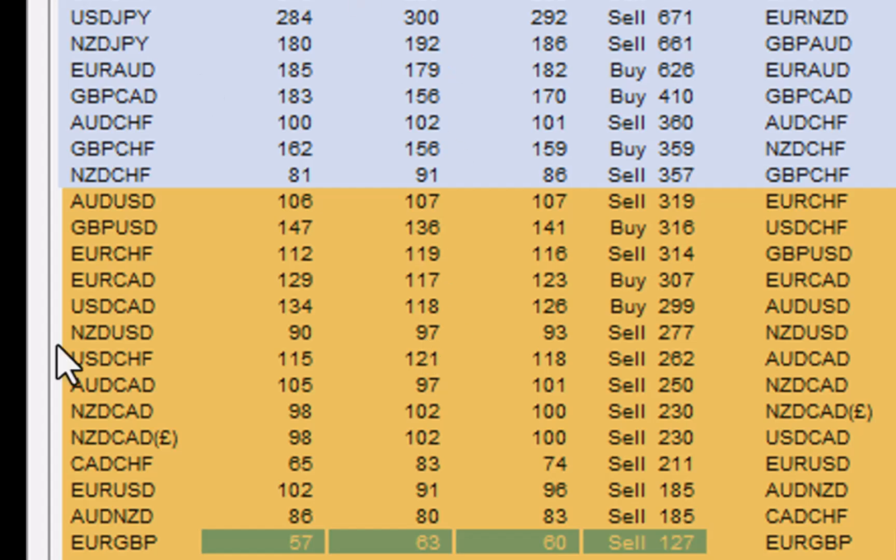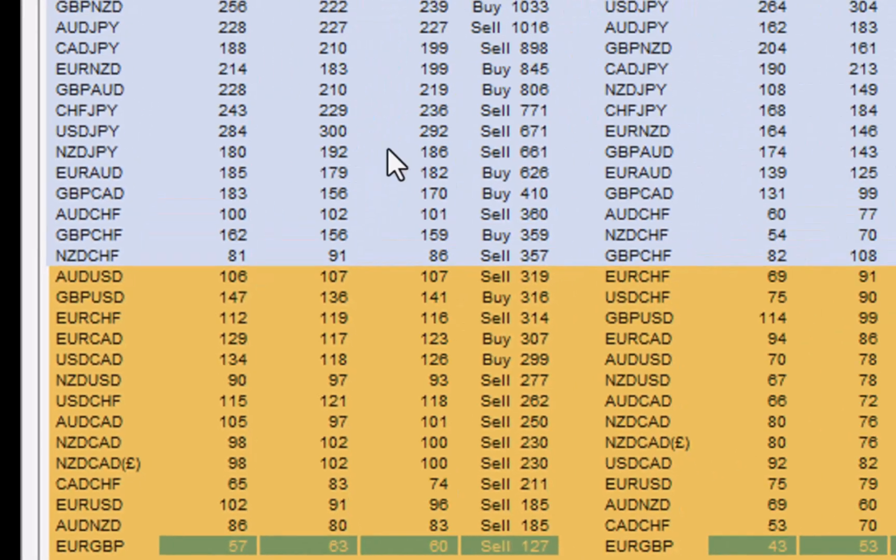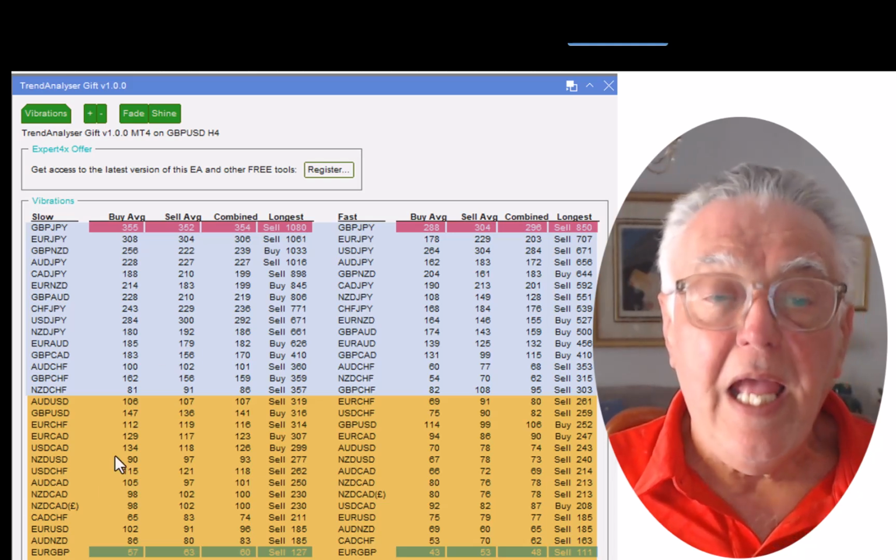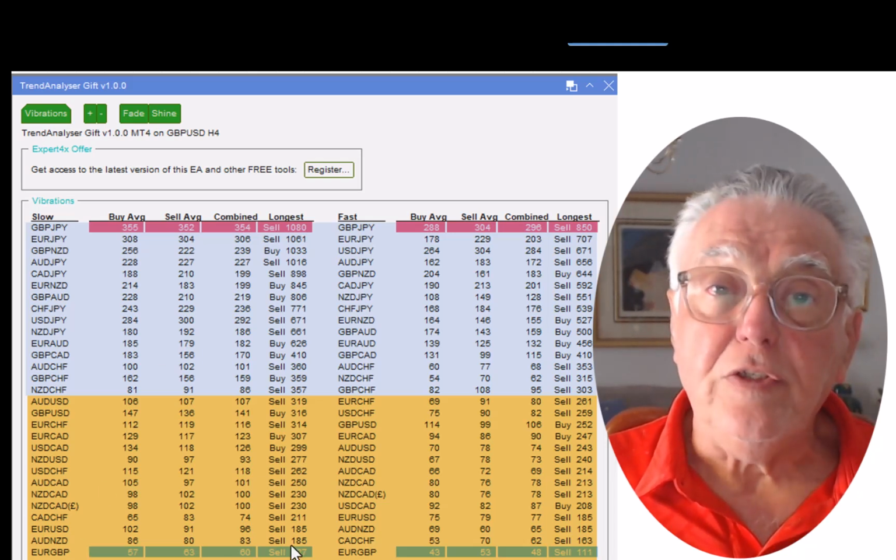And again, we look at the euro pound. The trends are pretty small, 57 pips, 63 pips, average of 60 pips. And the biggest trend that occurred here is 127 pips. So you definitely trade this using a sideways technique, and you definitely trade the other using a trending technique.